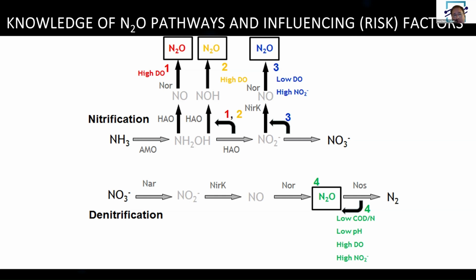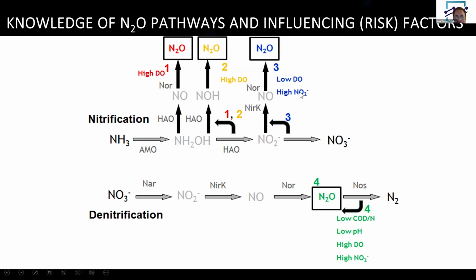And to do that, we can simply be looking at the operational data, because we can be producing N2O at each step in both the nitrification process and the denitrification process. And what happens at the metabolic level is what dictates whether we have N2O emissions or not. But we can't see what is happening at the metabolic level.